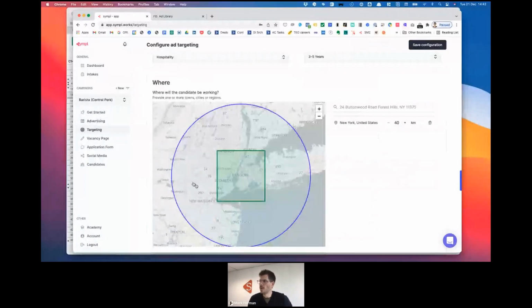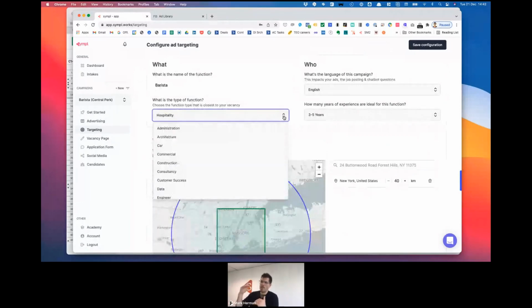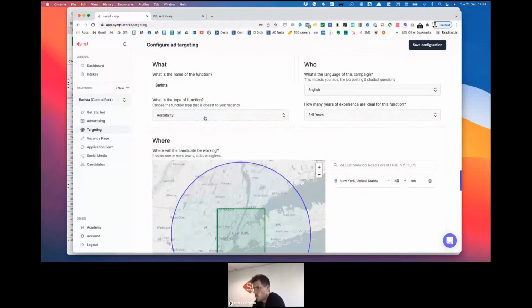So let's assume you want to look for a barista in New York. You can then check all the past data we have on similar functions. If you then click hospitality, we will use the data of our more than 6,000 campaigns linked to hospitality, and that data will be used to make sure your campaign outperforms.